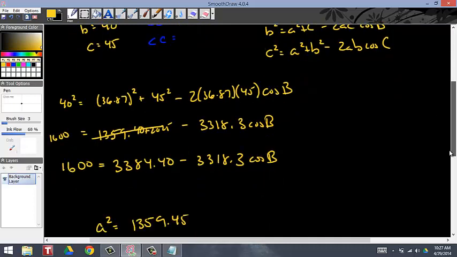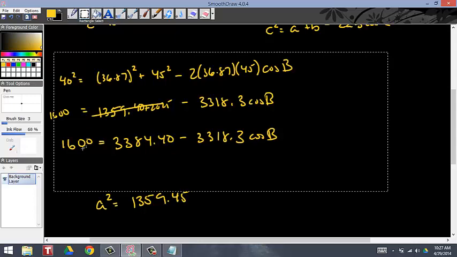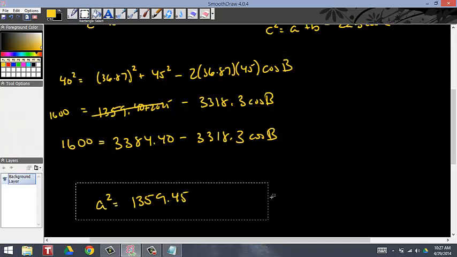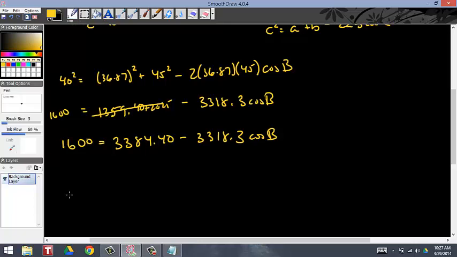Now again, don't combine them. You're going to have to subtract 3384 from both sides. So 1600 minus that answer is equal to negative 1784.4 equals negative 3318.3 cosine b. Now divide that by negative 3318.3.